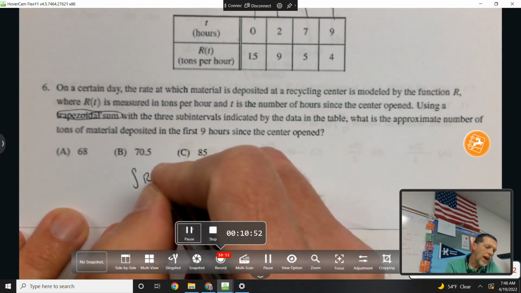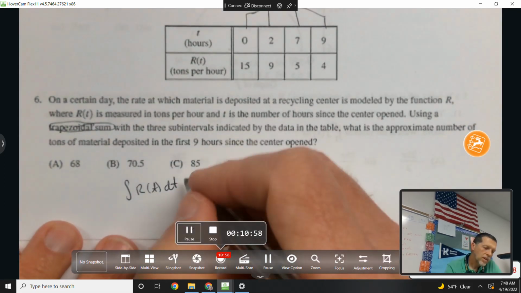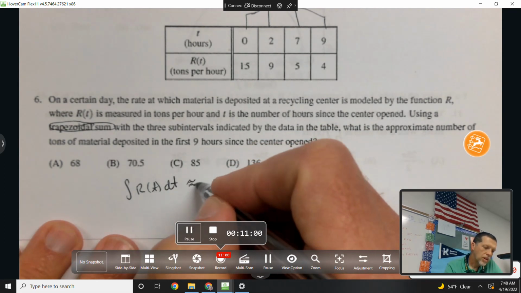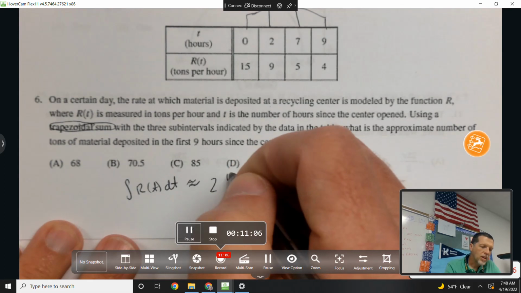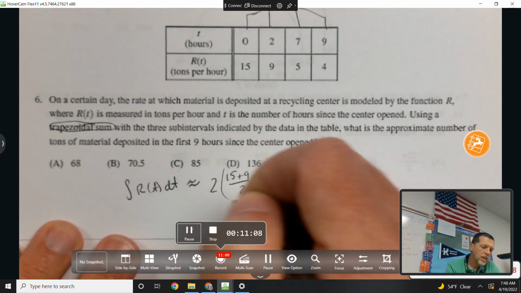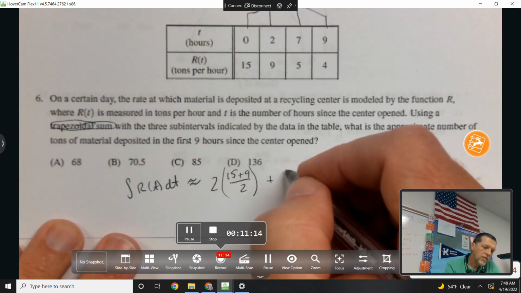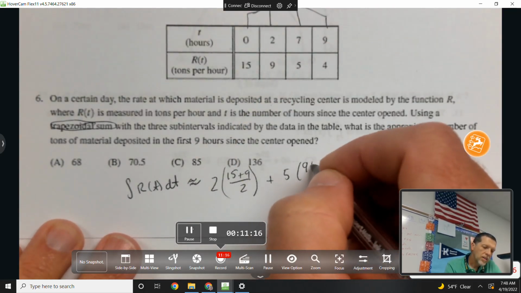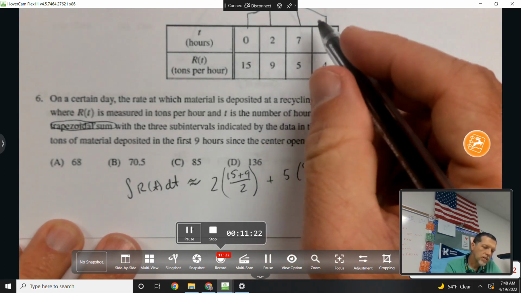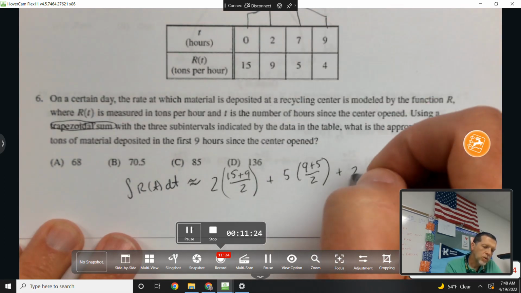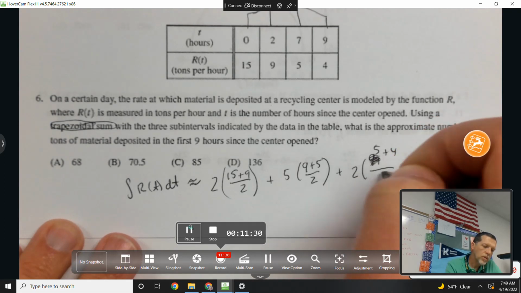So we need to sum up the rate times time with a trapezoid. A trapezoid is the base times the average height. Base 5 times the average height, plus the base 2 times the average height, 5 plus 4 over 2.